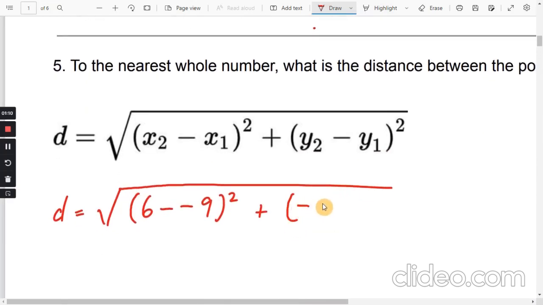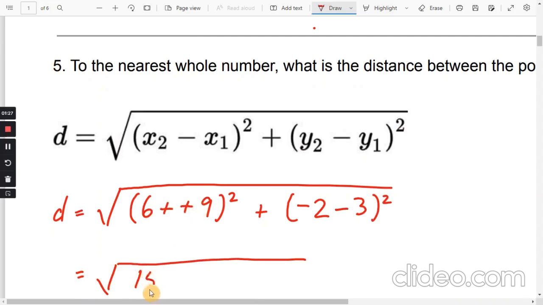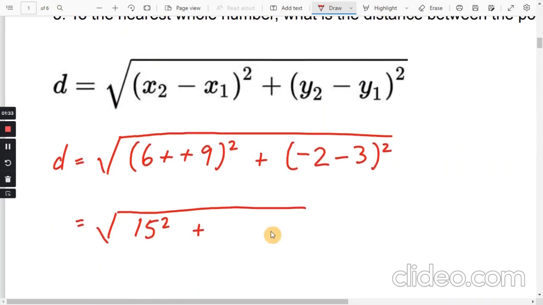We have negative 2 minus 3, and that gets squared. Remember, the two negatives in a row make it positive. 6 plus 9 is 15, and that gets squared. Negative 2 minus 3 is actually negative 5, and that gets squared.